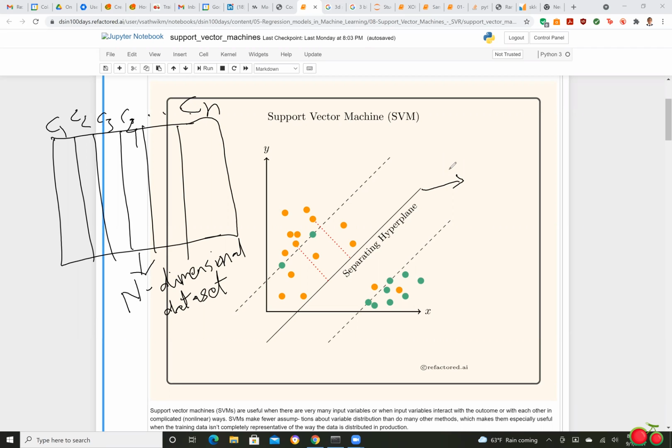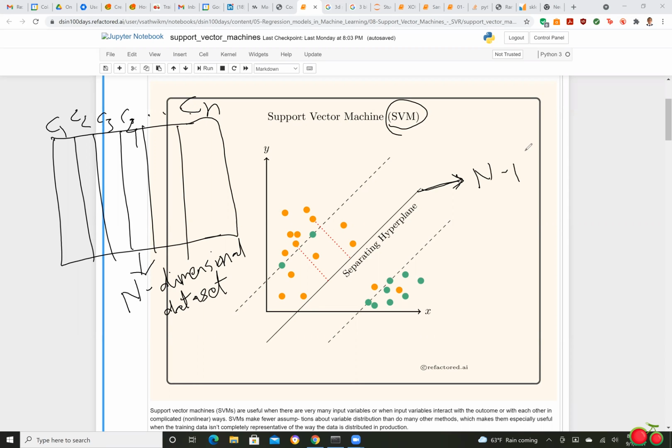It helps you divide your n-dimensional data into groups, or fits through your n-dimensional data if it is SVR, and helps you predict. So when you build a support vector machine on n dimensions, your function ends up having n minus 1 dimensions.